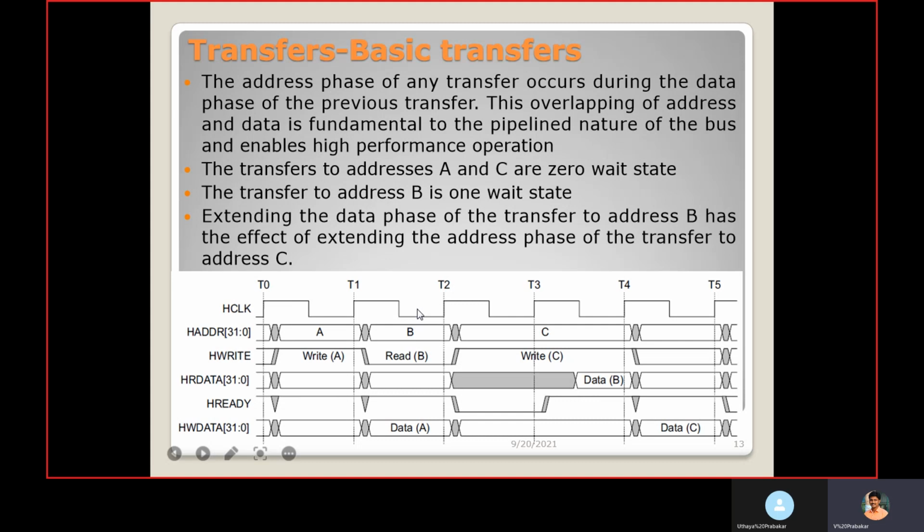That is called pipeline in nature. It is used to increase the performance.